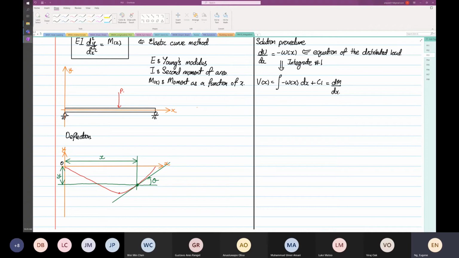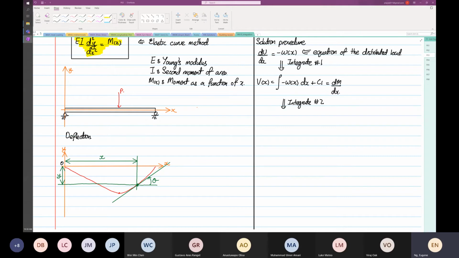Then from here, what do we do next? We integrate again, the second time. Why do we need to integrate the second time? Because we need to apply the elastic curve equation, which I'm highlighting in yellow now, and the elastic curve equation is related to the moment equation.